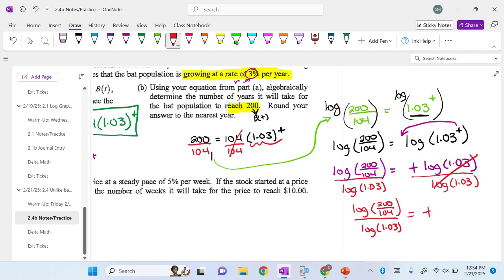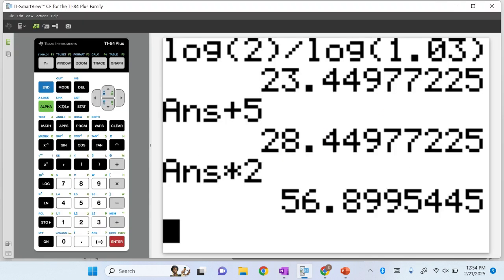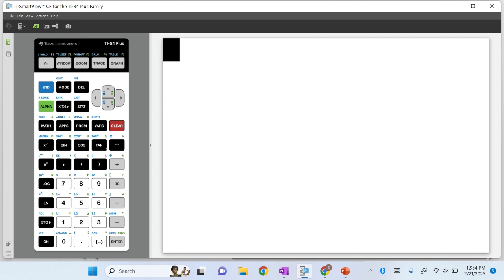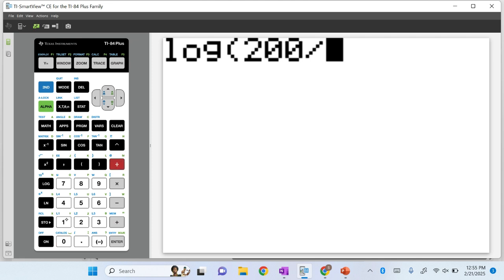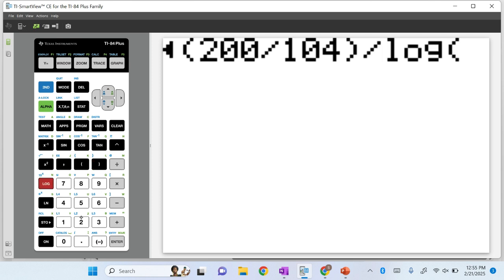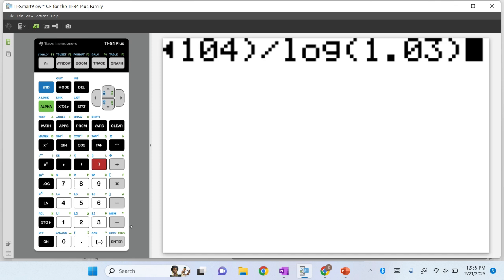Now, it says to round our answer to the nearest year, so we're going to have no decimal places when we put this in our calculator. So in my calculator, I'm going to do log of 200 divided by, what was it, 140? Or no, 104. Divided all by log of 1.03.